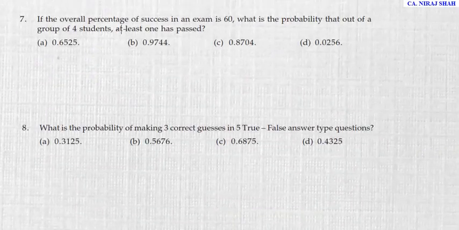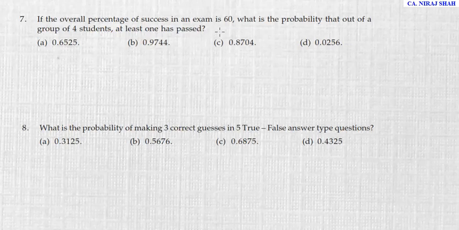If the overall percentage of success in an exam is 60, what is the probability that out of a group of 4 students, at least one has passed? At least one. This sum can be done in 2 ways. P1 plus P2 plus P3 and plus P4 is our required probability, since at least one means 1 or more.